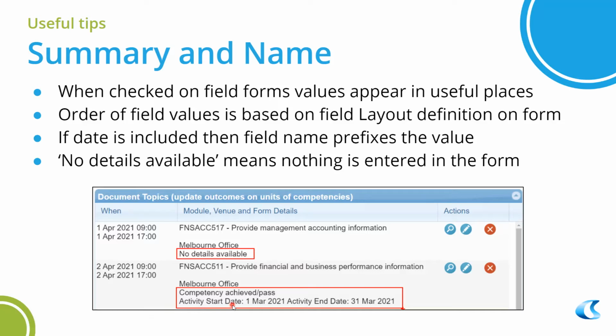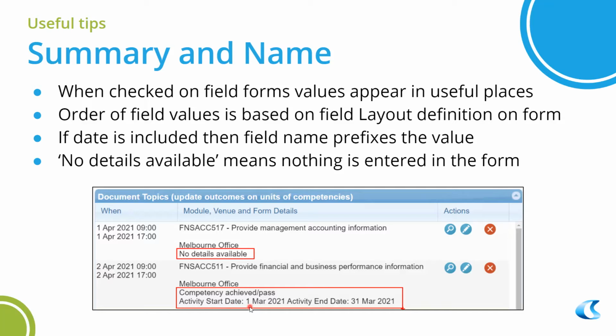So this document topics form is defined by having this field first and then this field. And what's more, I know that right beside this field in the document topic form, there's also the activity end date field on the same line. That's shown here by the fact that it's appearing on the same line within this list of topics.